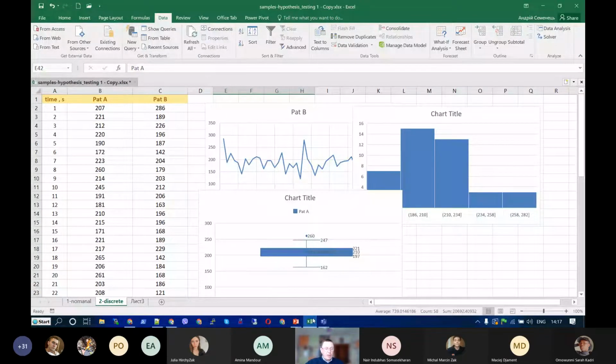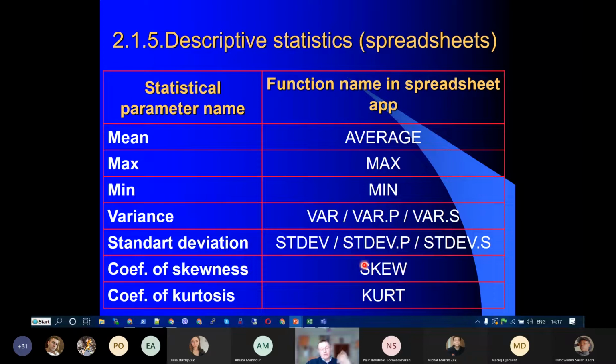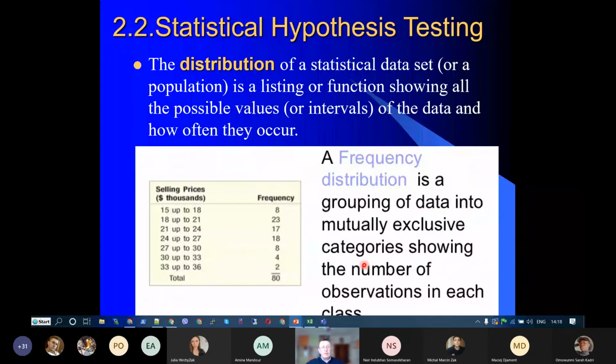Okay, now let's continue and move to hypothesis testing. And before we start with hypothesis testing, let's again make the assumption about what is distribution, frequency distribution.